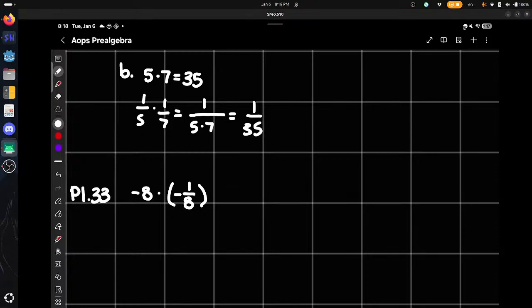Well, we know with one of our negation properties is that a negation times a negation is just a double negation, so that will just give us a +1.